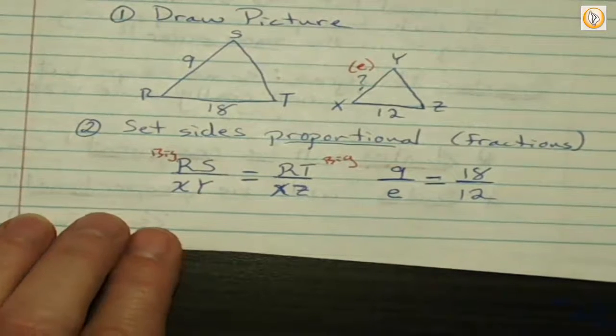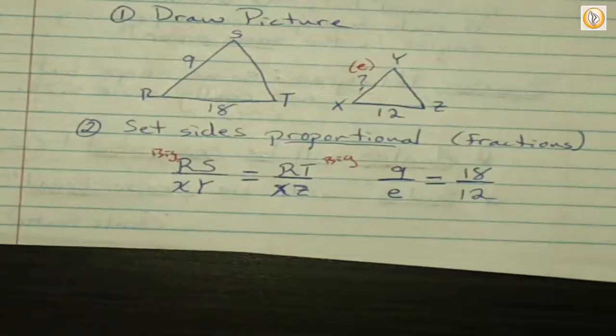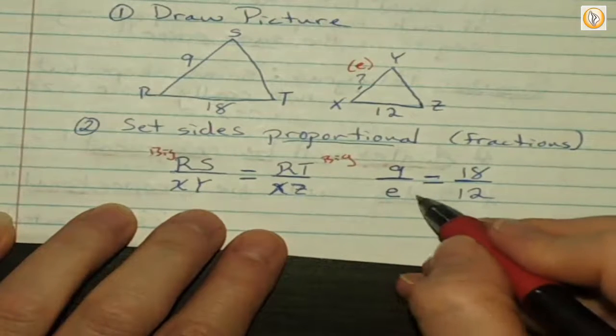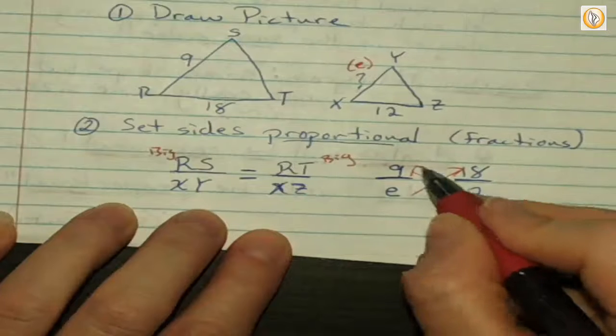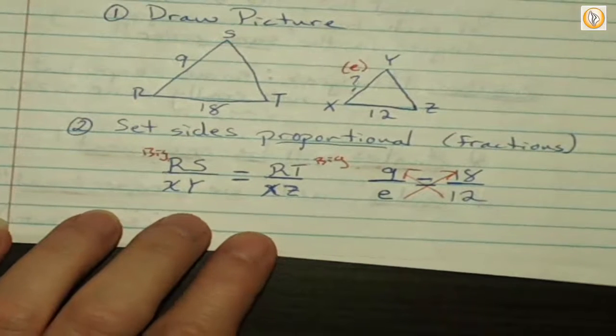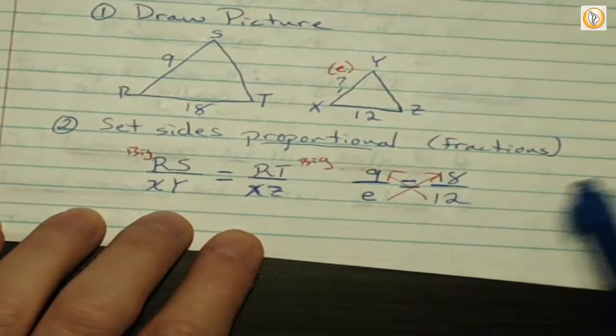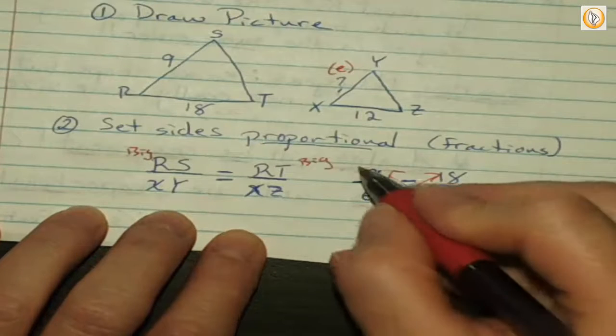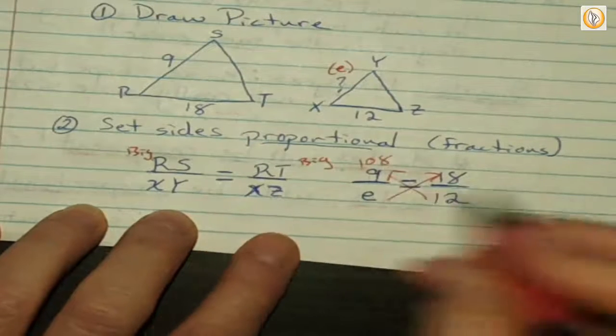So question, who here knows what to do now? Taylor? Reduce. No? Wait, no, Whit? You cross multiply. Ding, ding, ding! Two fractions and an equal sign? We cross multiply. 12 times 9 is what? 108.